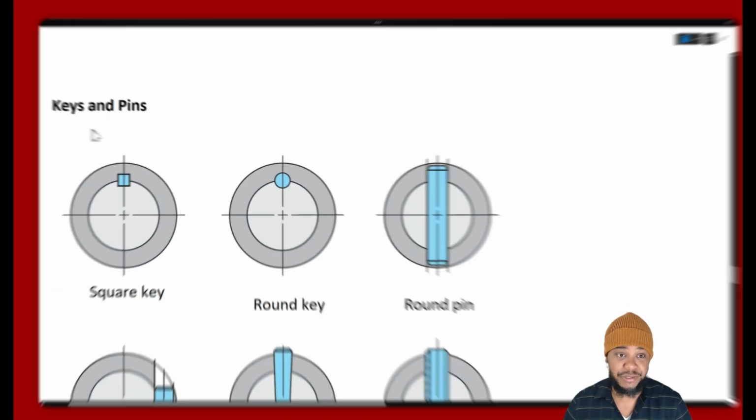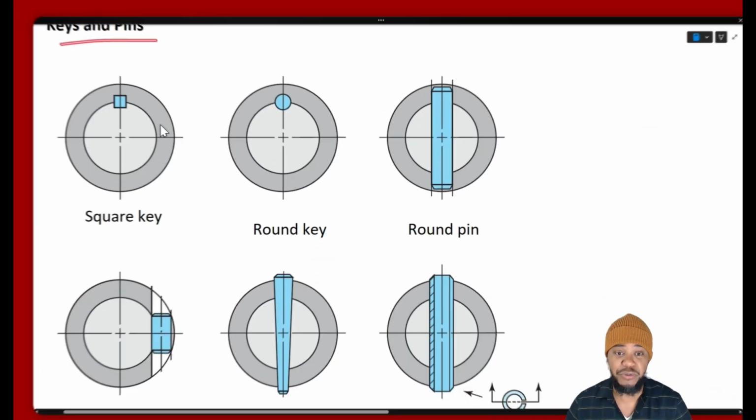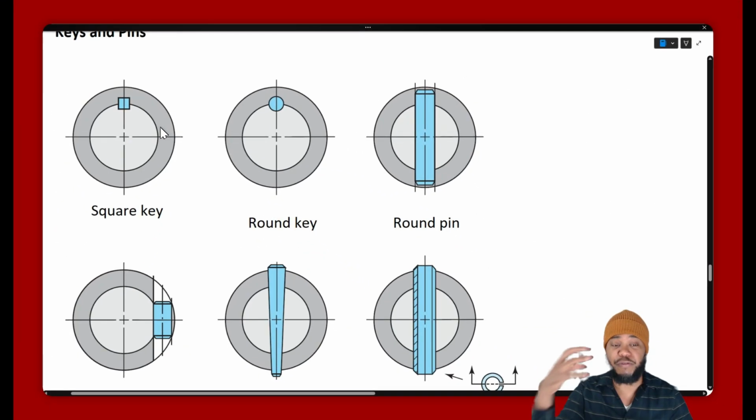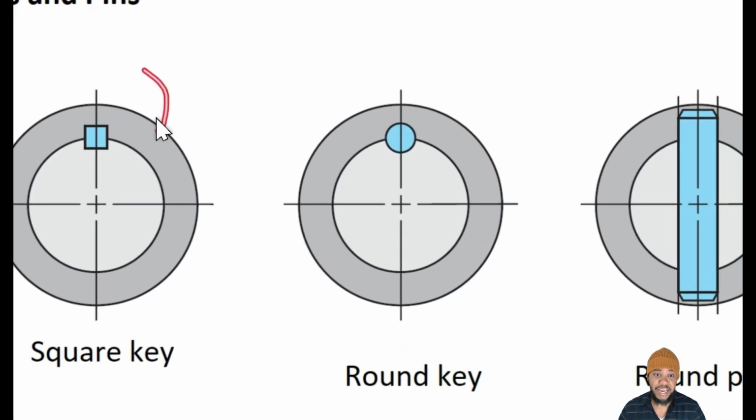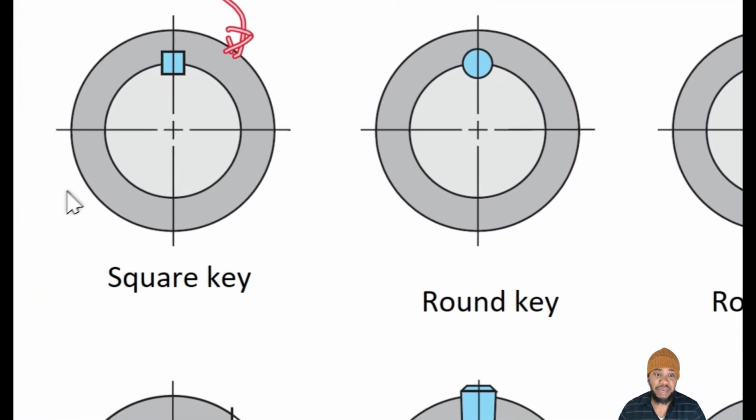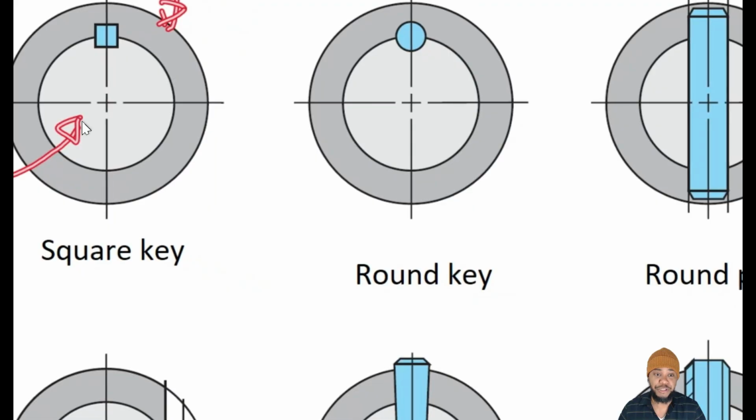Now, keys and pins. Keys and pins, those are tools used to transmit torque from one shaft to another. So let's consider that we have a shaft of a larger dimension and we have a shaft of a smaller dimension.